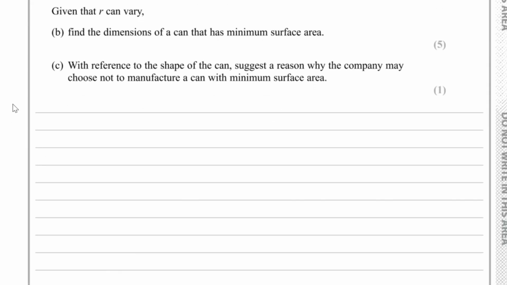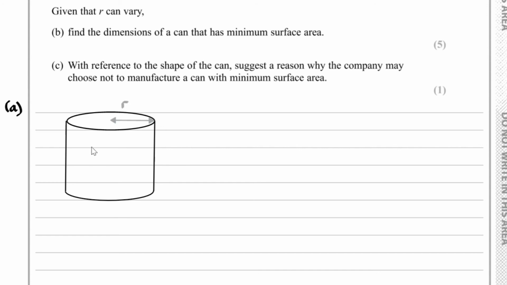Well, what we'll do for part A is let's just draw a quick cylinder to help visualize the problem. Well, here is a cylinder, and let's just mark on here. We've got the radius, and here we've got the height h.